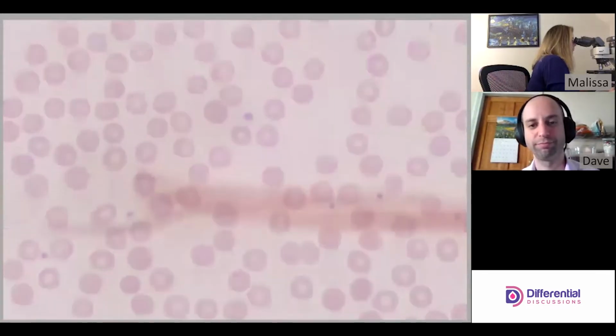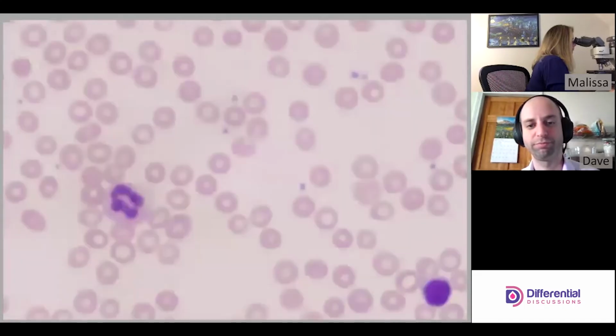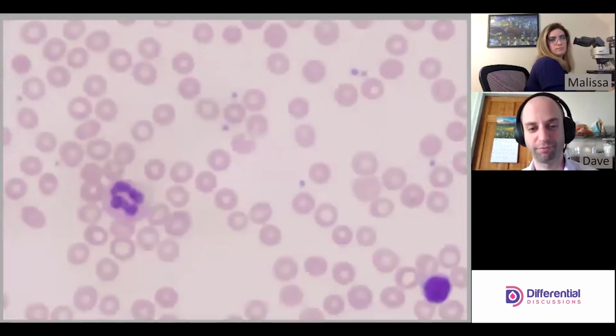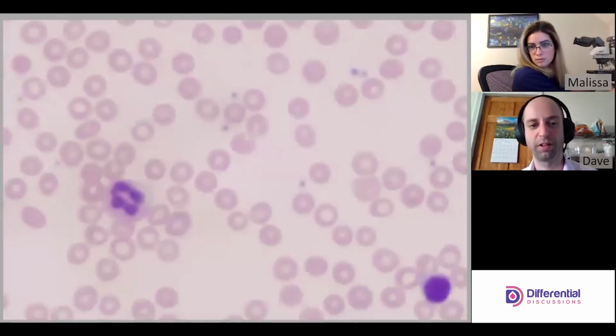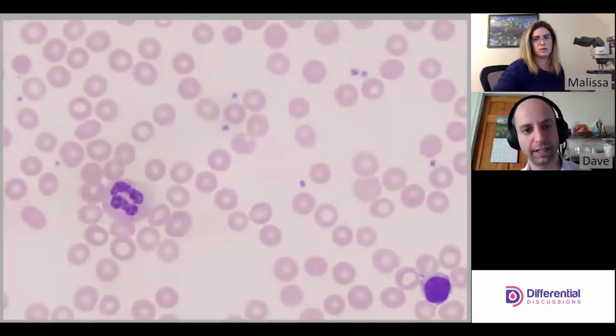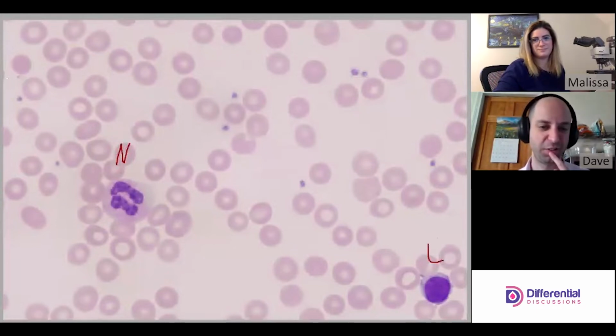All right, let's put you back where you were. Keep rolling. Yep, got a neutrophil and a lymph hanging out in a field together. I like this neutrophil too. So just for clarity, this is the neutrophil, and this is the lymph. Could you guess why I like this neutrophil? There appears to be a pale spot in the top corner of it.